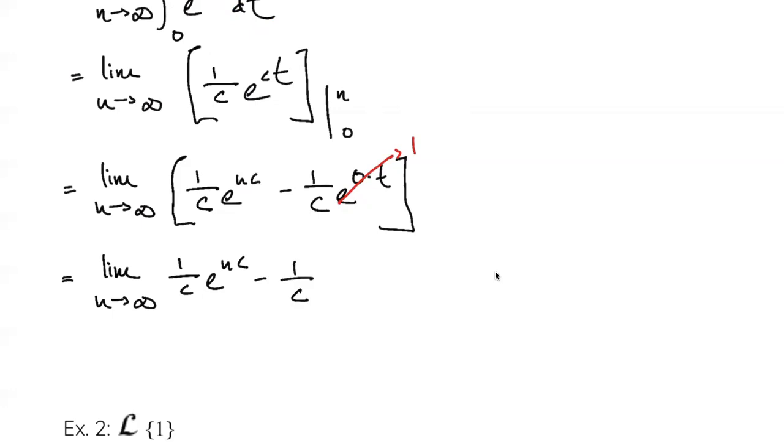Now, if we think about when this converges and when it diverges, we might realize that as n gets really, really large, we have an exponent that is getting bigger and bigger and bigger.